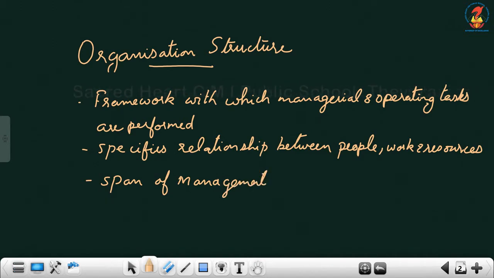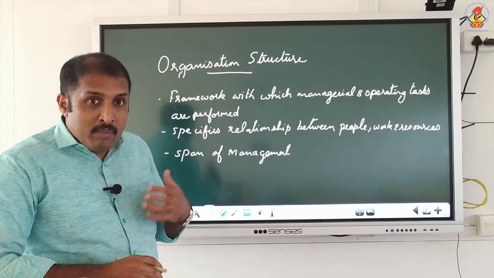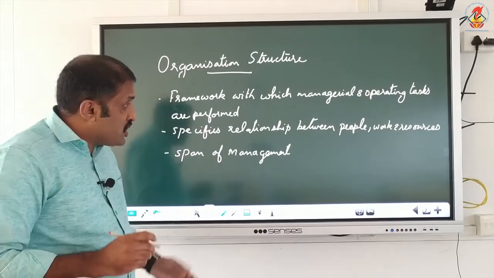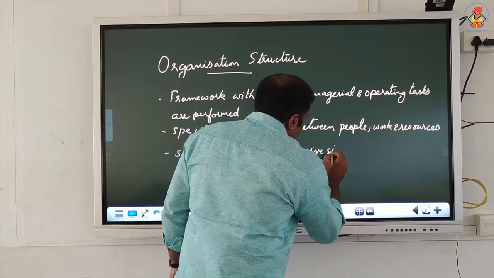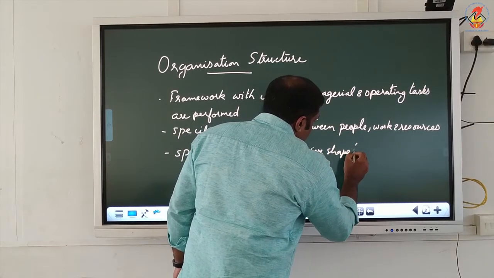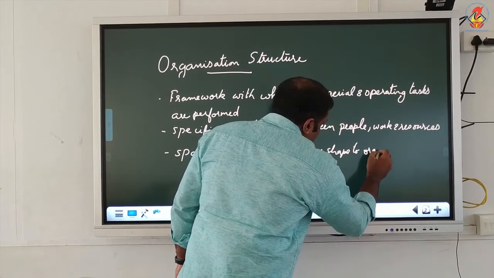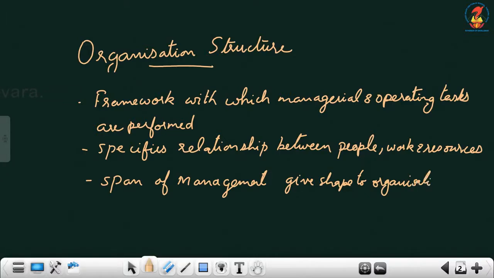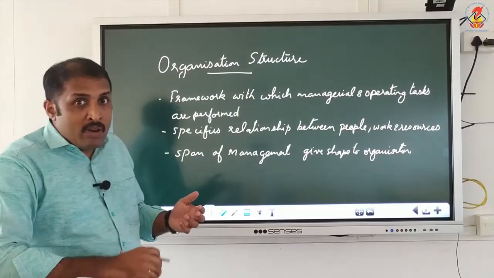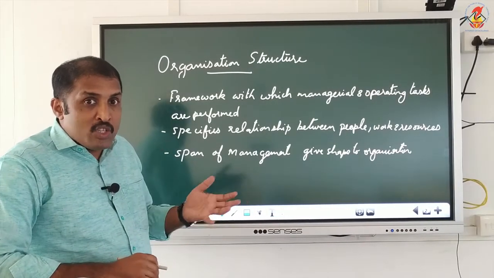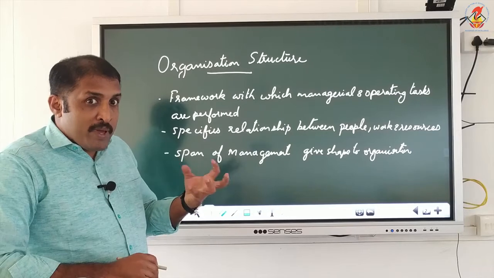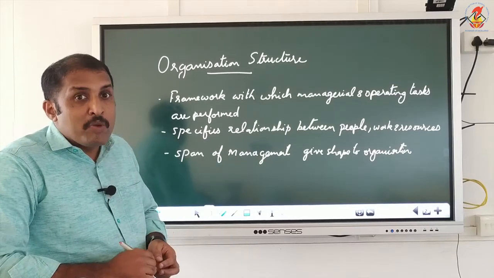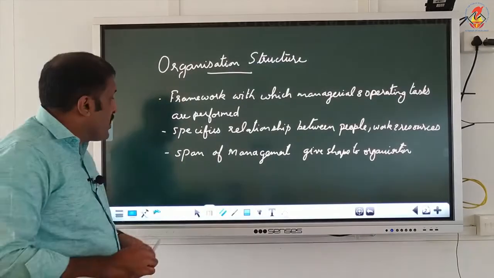Span of management decides up to a level, and gives shape to the organization. That means organizational structure, up to a level, is dependent on span of management and takes its shape from it. So, we must understand what is span of management.